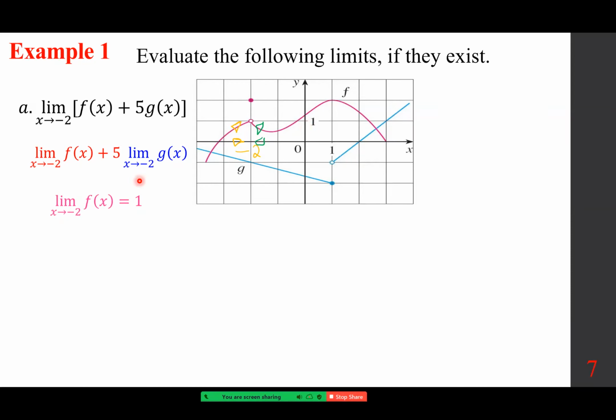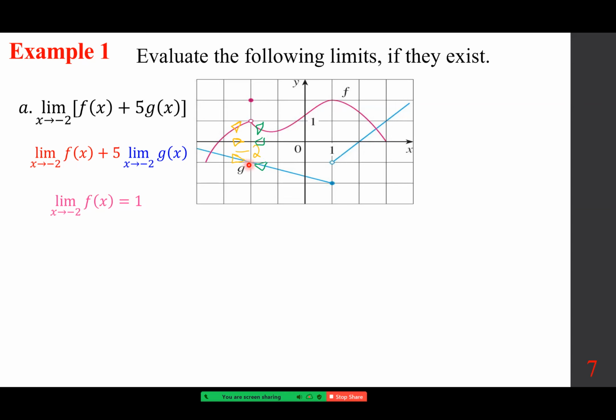Now, the limit of g of x as x approaches negative 2, we are looking at the blue function, the piecewise defined function. What is this limit? Anyone? Negative 1. Negative 1, perfect, because we are moving in this direction from the left of negative 2, and we are moving in this direction from the right of that.